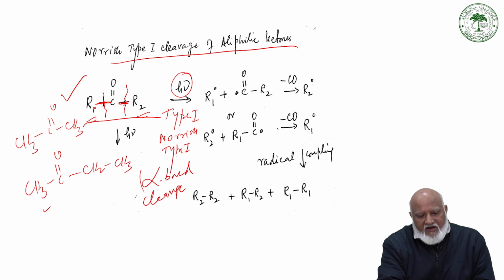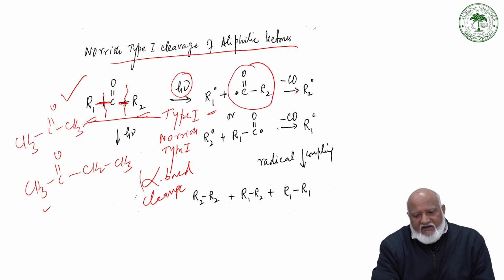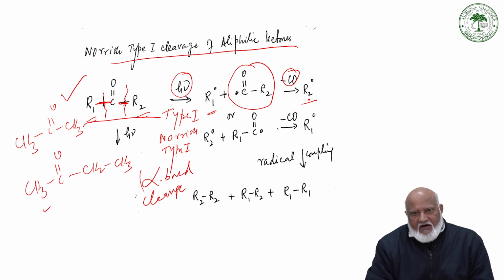If this R1 and carbonyl bond cleaves, it gives you R1 dot, an alkyl radical, and this is the acyl radical. This acyl radical, as we have just shown, undergoes very fast decarbonylation to give you R2 dot.